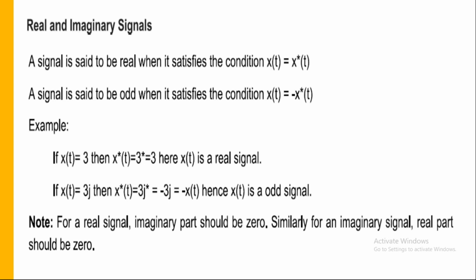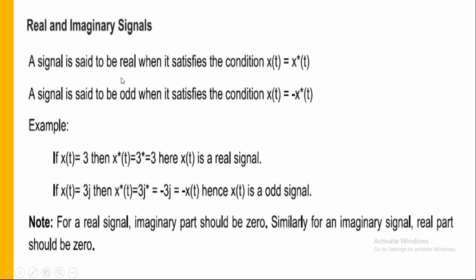We can represent a complex variable like u plus iv or x plus jy, where the x part is the real part and the y part we call the imaginary part. So to represent any signal, whether it is real or imaginary, you need to use the concept of complex variables.